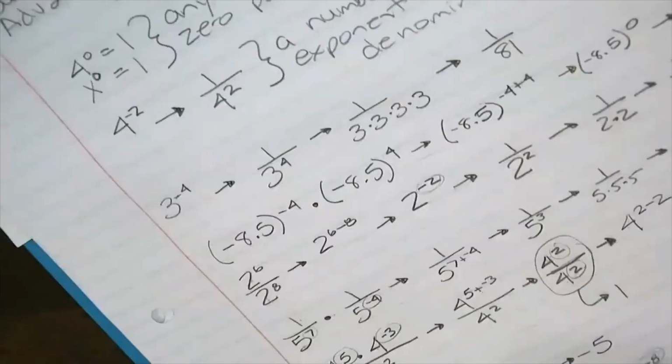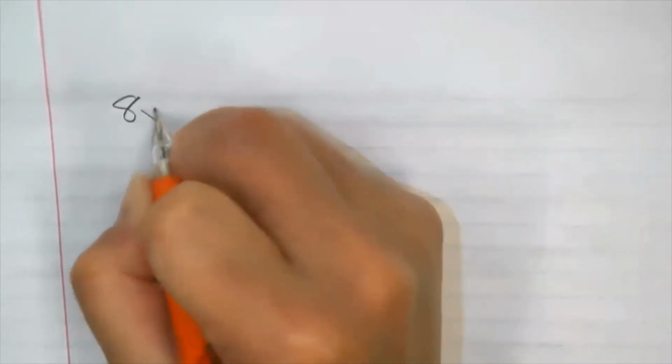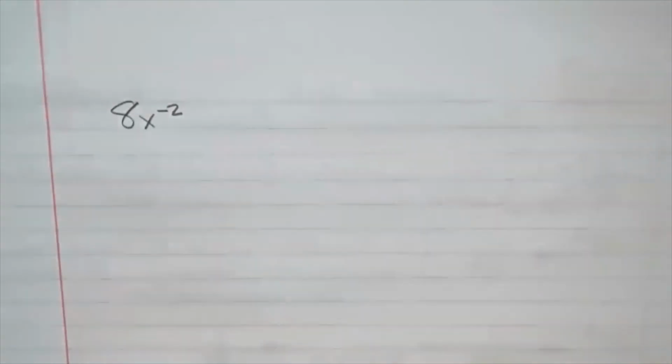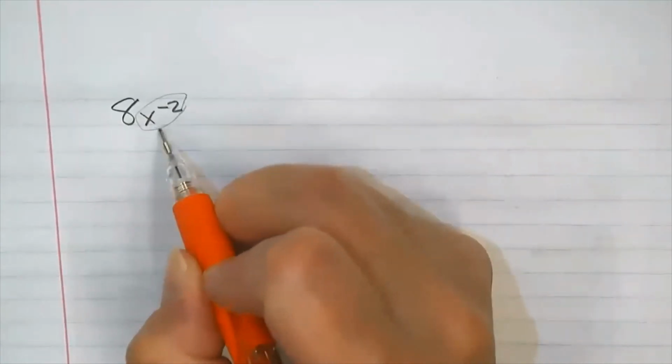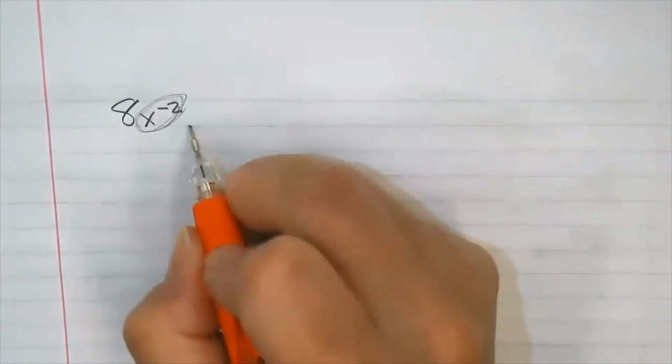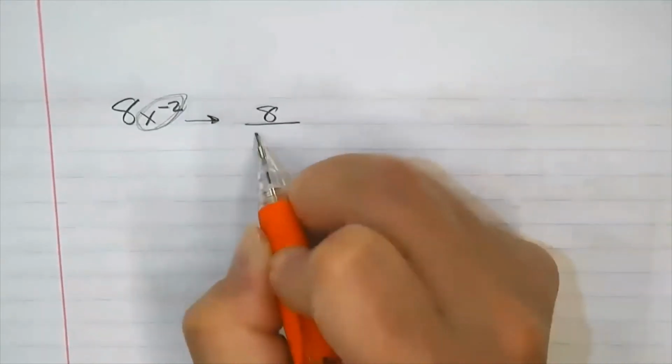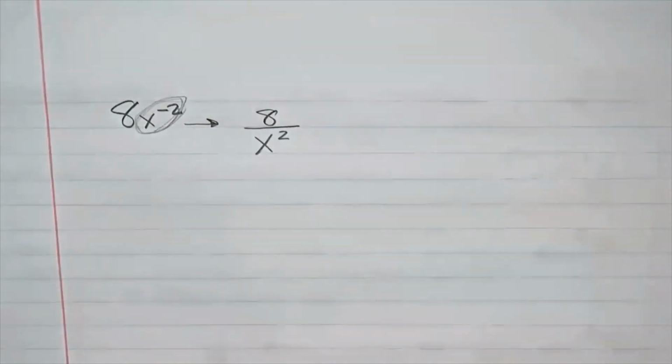Okay, I've got 2 or maybe 3 more. We've got 8 times x to the negative 2. Just like we saw earlier, since this is negative, it belongs in the denominator.